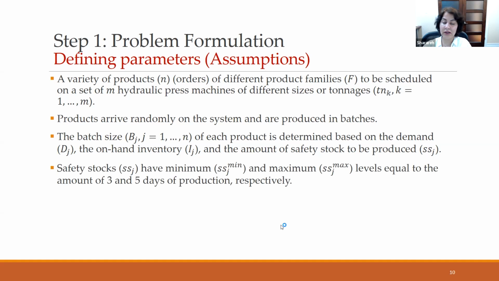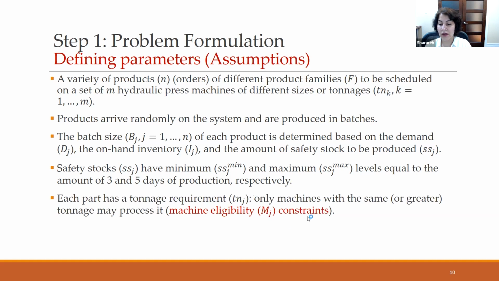The safety stock is usually the amount of product that has to be produced in advance, just to make sure that if production is down for any reason, they already have enough product on hand to meet the demand. Usually in practice, a minimum and maximum is considered for different types of products, which in our case is 3 and 5 years respectively, considered as the safety stock.